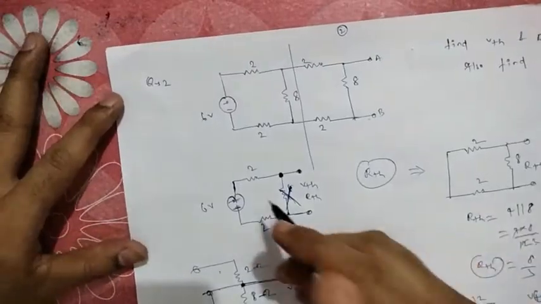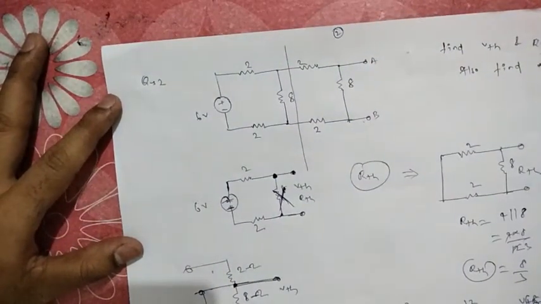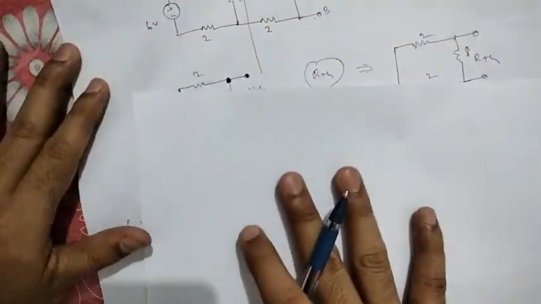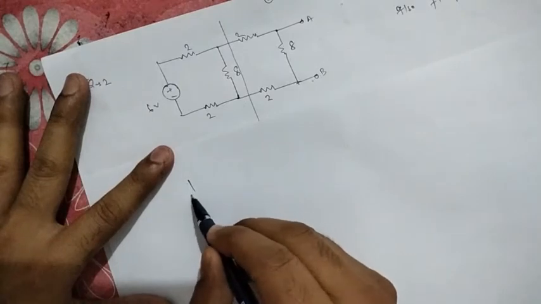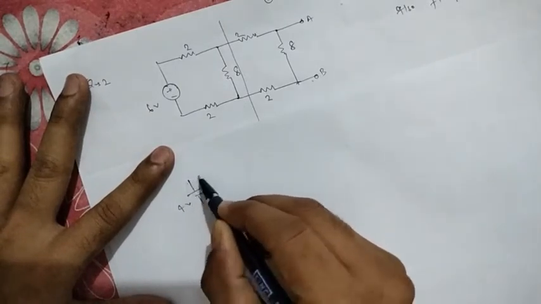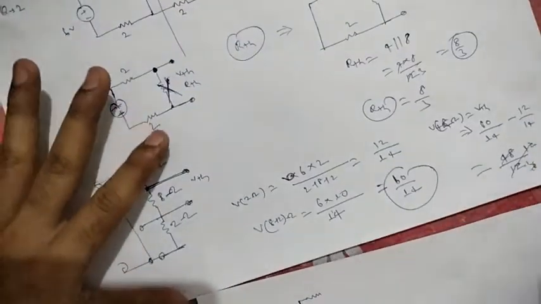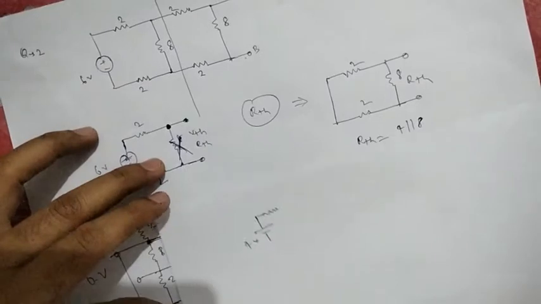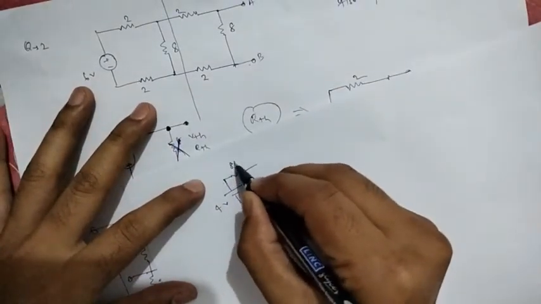So when we have broken this circuit, we got VThevenin equal to 4 volt, and that resistance we got, RThevenin, is 8 by 3 ohm.